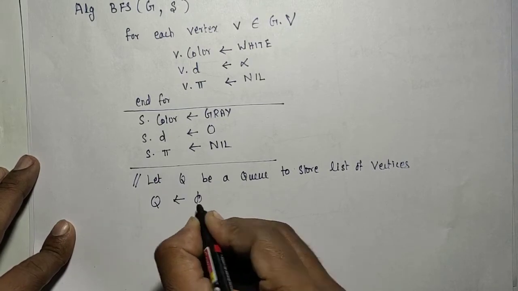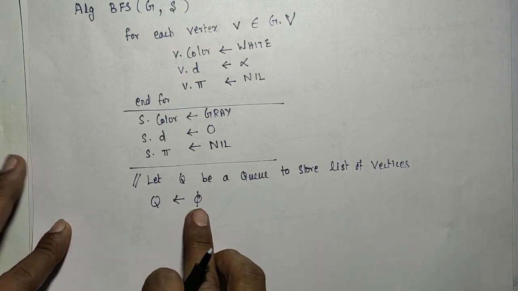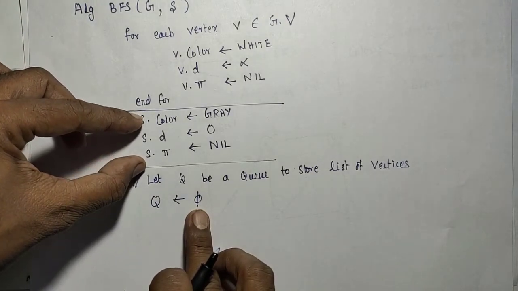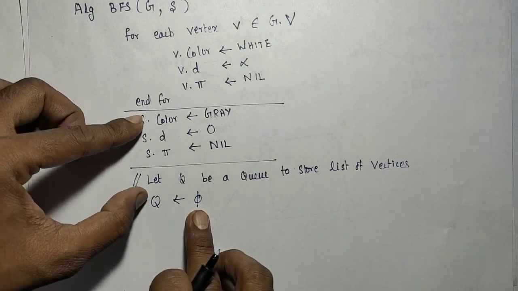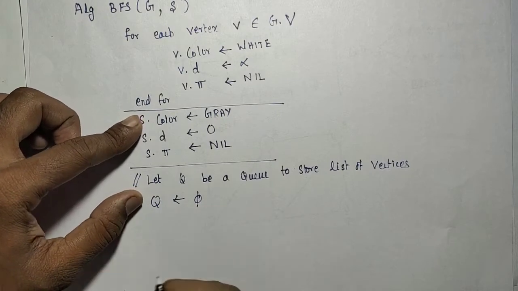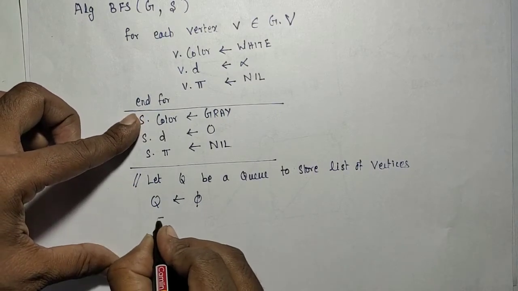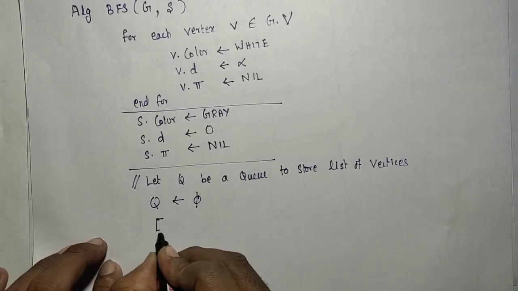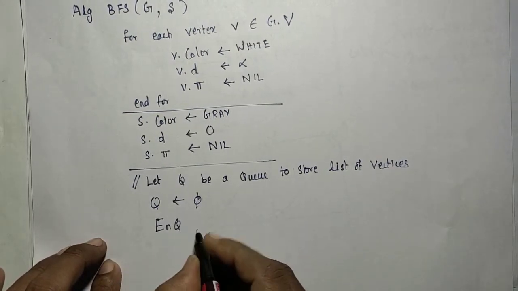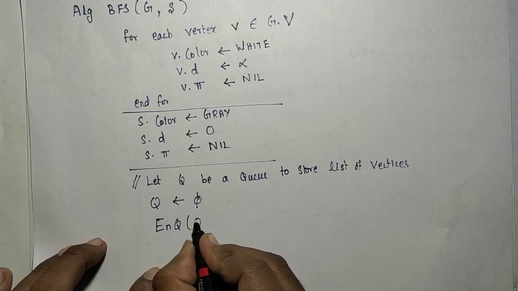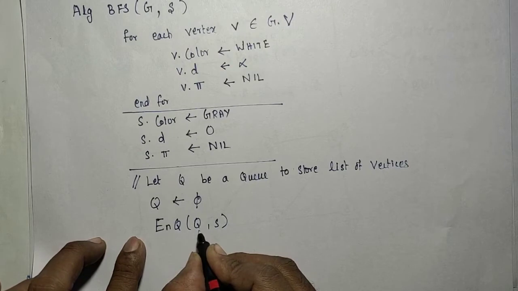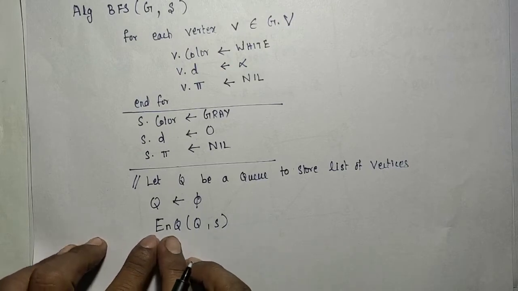In that empty queue, I need to insert S. That vertex has to be inserted into the queue. So I need to call ENQUEUE of Q comma S. So S is going to be inserted into the Q. I am writing this from the algorithm point of view.